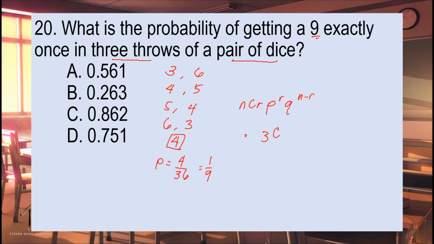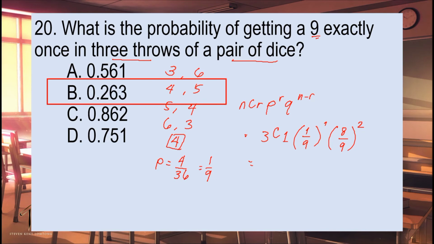So 3C1, then our probability of success is equal to 1 over 9, raised to 1. Then our q is 1 minus p, so that is 8 over 9, our probability of failure, raised to n minus r, that is 3 minus 1, so that is equal to 2. Now our answer would be 0.263.